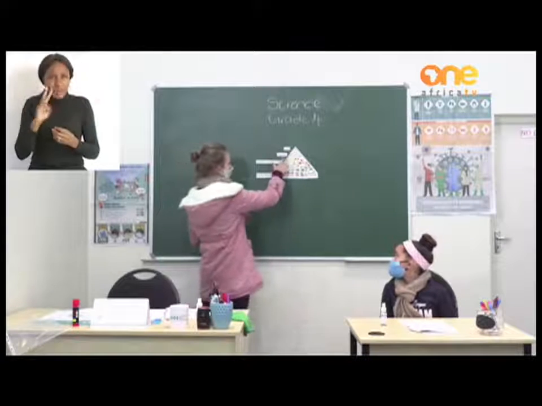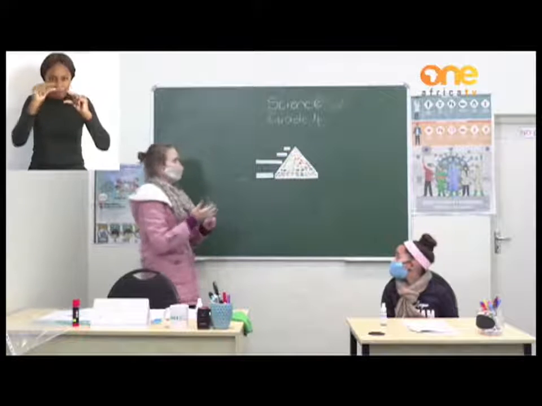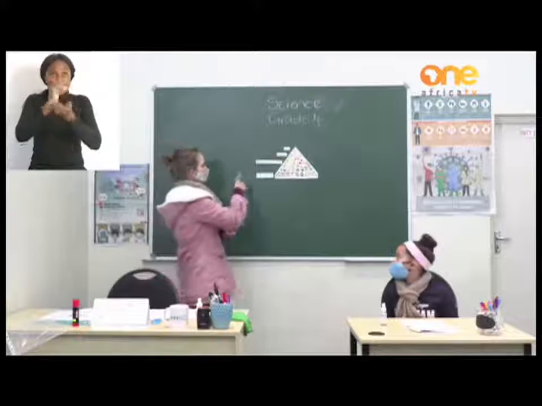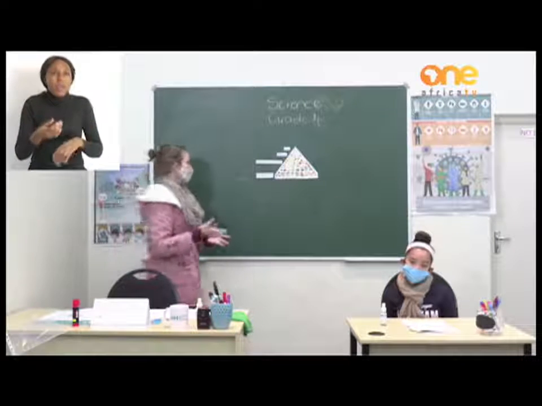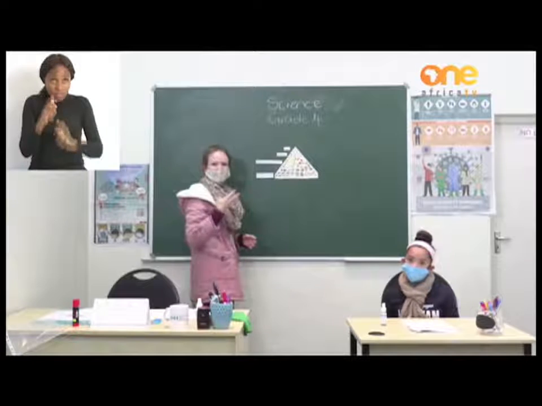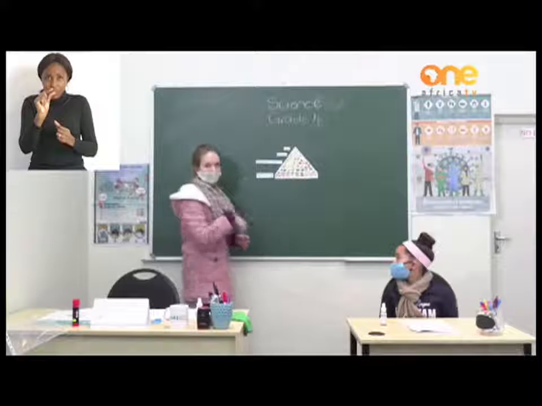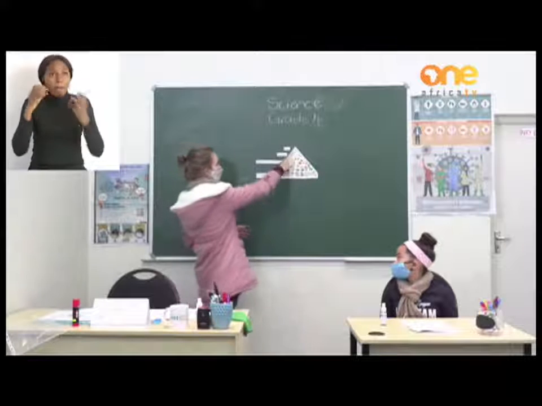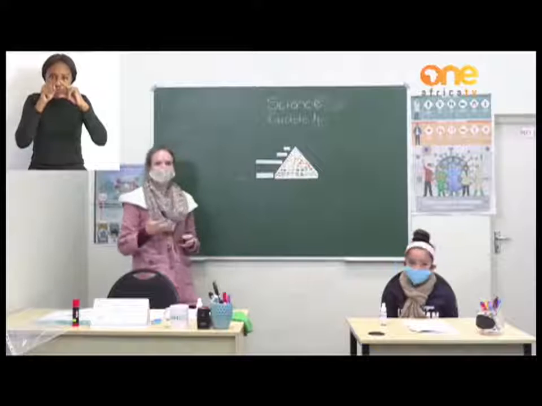Then we move up to the smaller parts of the triangle. Up there we have proteins and fats. Okay, so proteins are normally found in meat products and in dairy products. Okay, and our body needs a little bit less from proteins than it needs of carbohydrates. Okay, and then right there at the top, the smallest part of the triangle, we have fats.